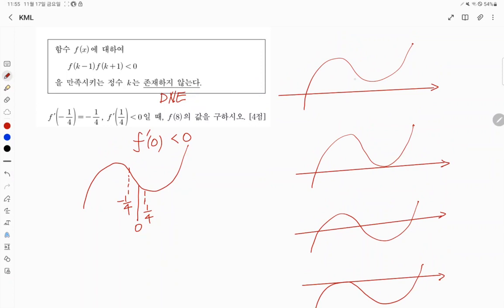And for the first two cases, when x is 0, f of 0 is positive. And in this case, when the negative root is greater than or equal to negative 1, in such case, negative 1 satisfies this inequality.